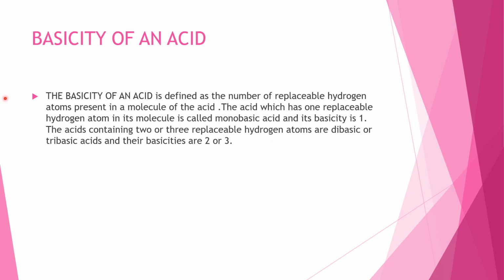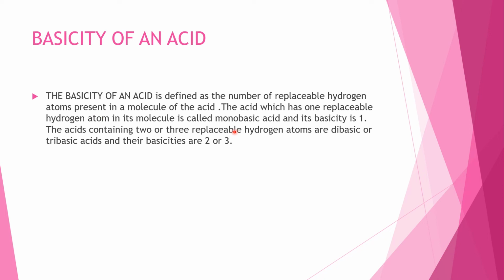Next is basicity of an acid. Basicity of an acid is defined as the number of replaceable hydrogen atoms present in a molecule of the acid. The acid which has one replaceable hydrogen atom in its molecule is called a monobasic acid.